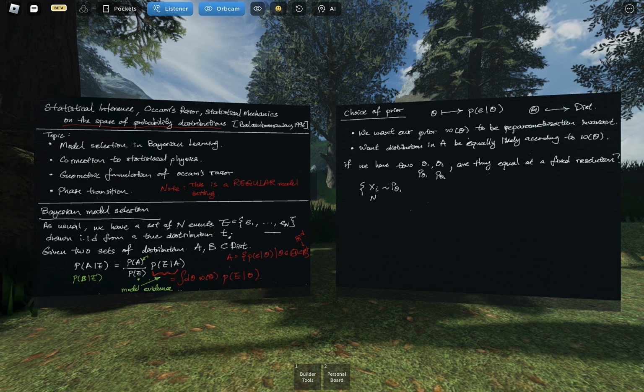As n goes to infinity, if P1 and P2 are actually different distributions, then you can almost surely tell if you have a large enough sample size. But for finite n, you can also ask whether or not they are distinguishable up to a confidence epsilon.